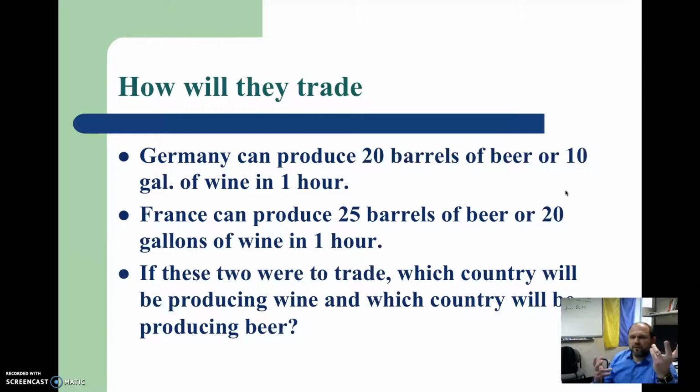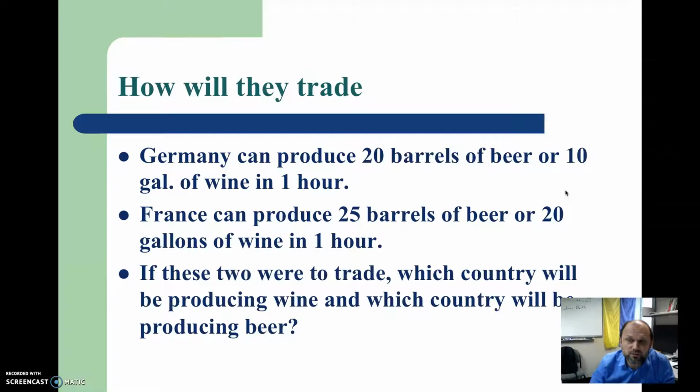Think about it this way. If I'm more productive at everything, there's potentially a chance that I'll have to give up more of one good to produce another good than my counterpart. So is it possible that France, while being more productive at both beer and wine than Germany, may have a higher opportunity cost of one of them than Germany?